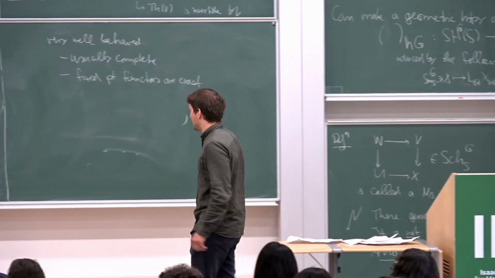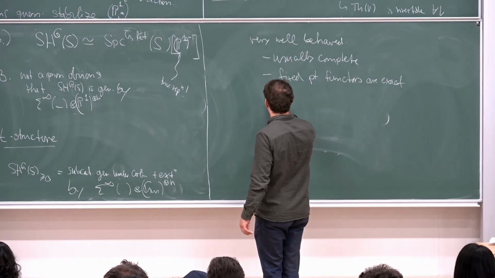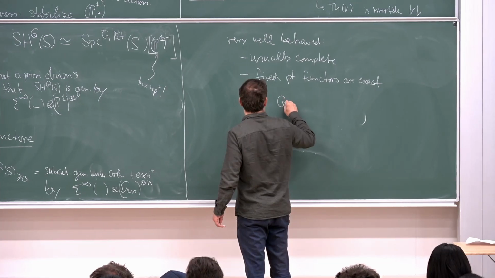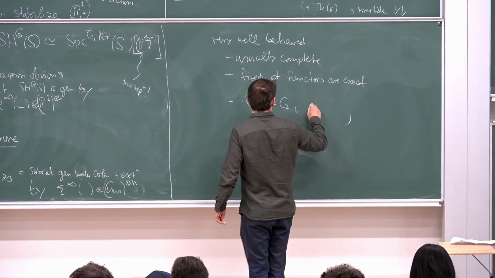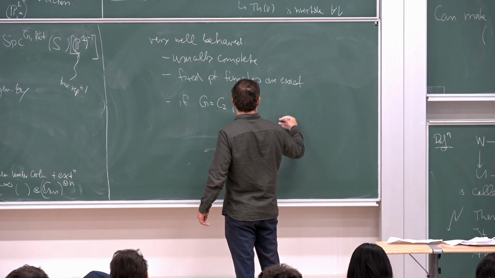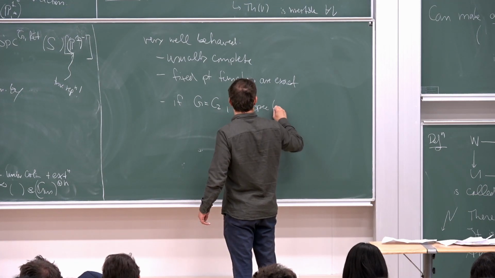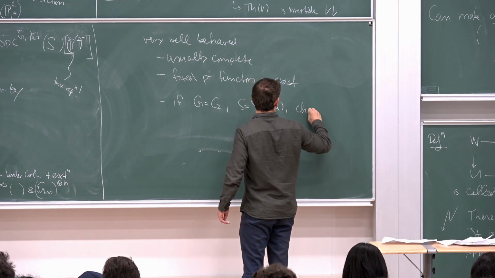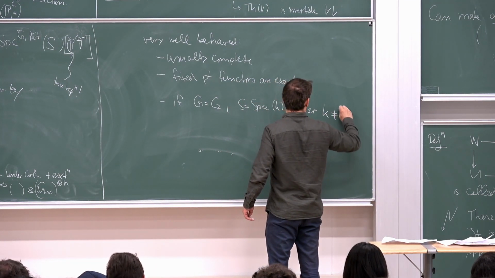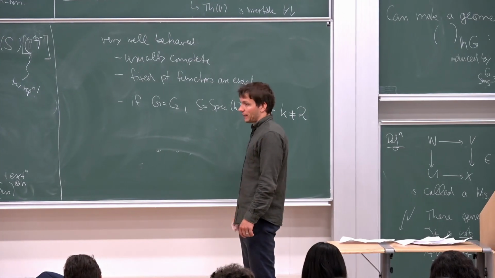And the last thing which I want to say is that if G is C2, and S is the spectrum of a field of characteristic not two, then I can describe the heart.